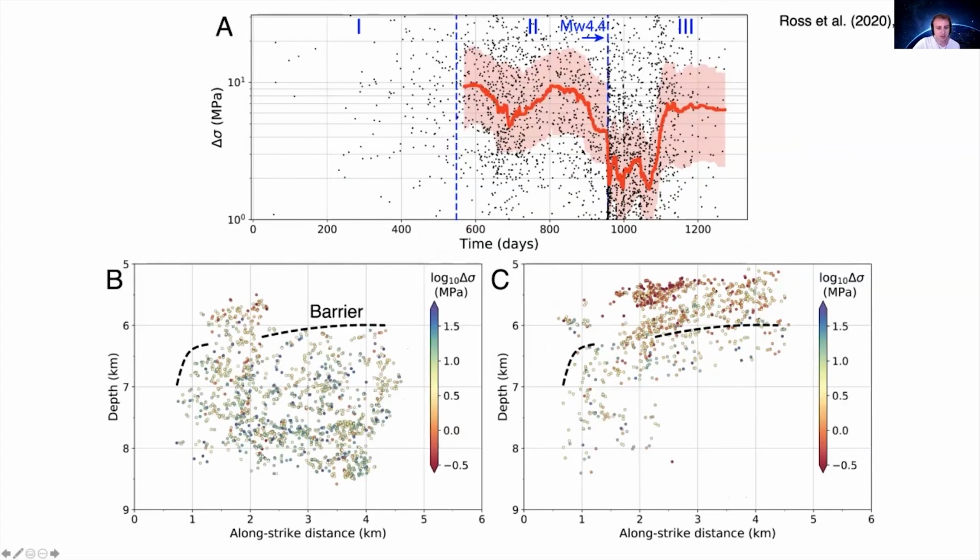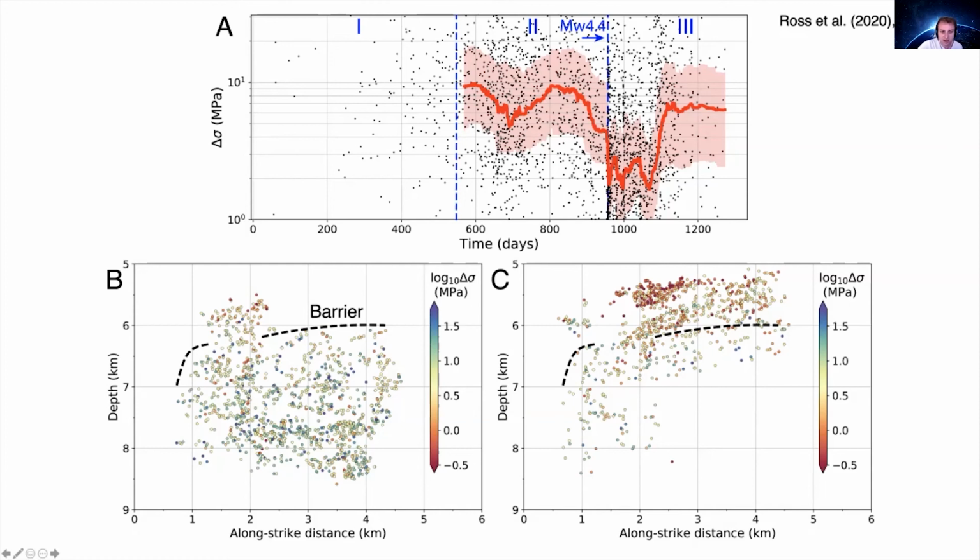And so I'm showing you here these events now in a map view form. So these are colored by the log 10 of the stress drop. So there's a fairly large range here, from tens of megapascals down to much less than 1 megapascal. And you'll see here that this is all events before this 4.4 happened.